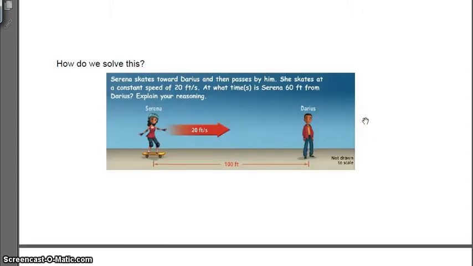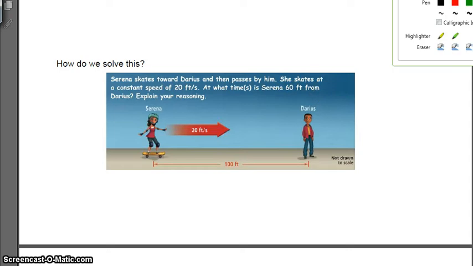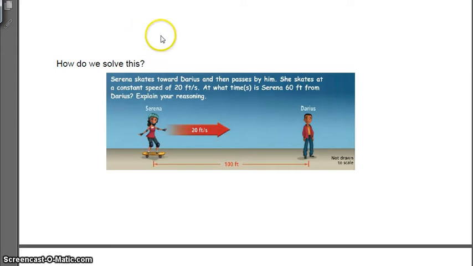So now when we look at this Serena and Darius problem, it says that Serena is skating towards Darius. Right now, by the picture that we see here, we can see that Serena is currently 100 feet away from Darius. She's skating at 20 feet per second, and we want to know at what time is she 60 feet from Darius. So what we're going to have to do to solve that is say, okay, well, what is her distance from Darius?